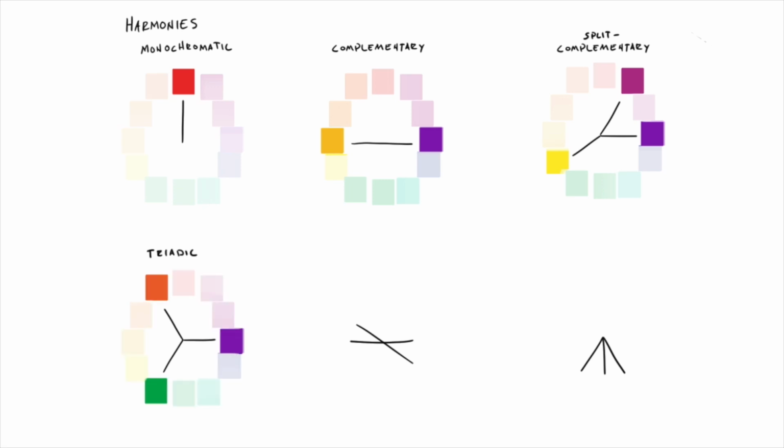Which leads to your next category, which is your triadic. And the triadic is one that is equal parts away from each other on the color wheel. So this would consist of, in this case, all your secondary colors, or your tertiary colors, or all your primary colors is basically what triadic means.